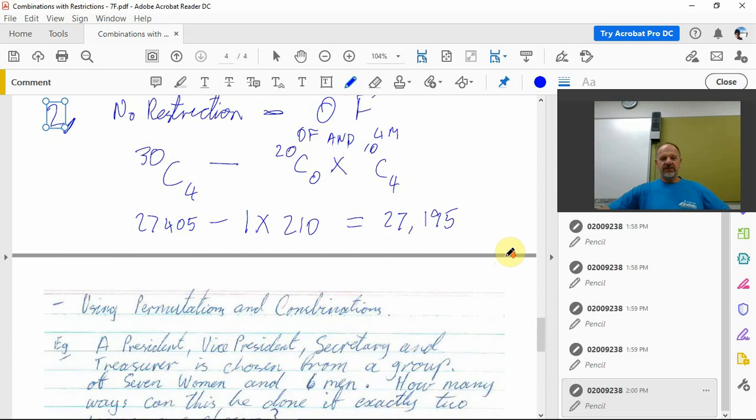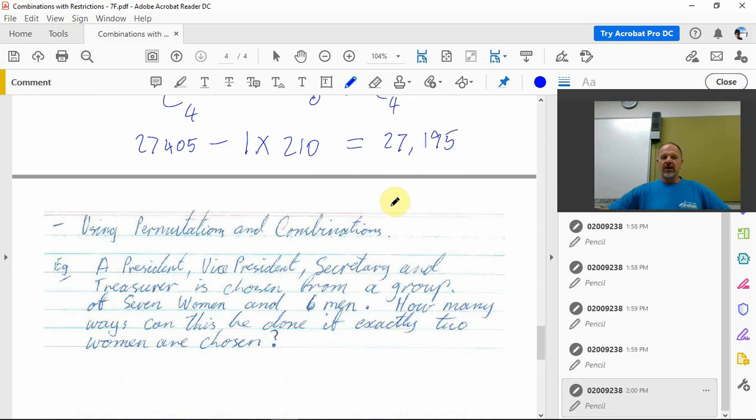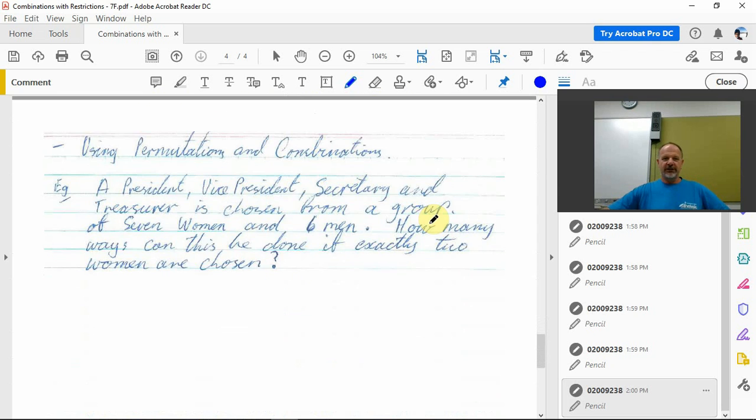All right, sometimes you may need to combine permutations and combinations. So let's have a look and see. A president, vice president, secretary and treasurer is chosen from a group. Now you see here, this time we've got specific roles, whereas in the previous question we didn't have roles, we just said people on a committee. This time we've got specific roles.